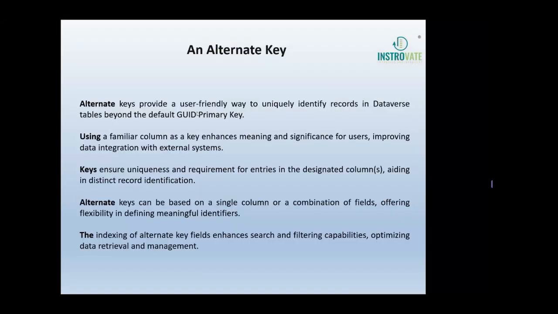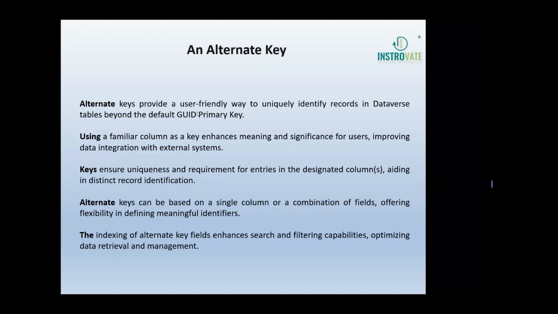Now we will see alternate keys. Alternate keys provide a user-friendly way to uniquely identify records in a database table beyond the default GUID primary key. Using a familiar column as a key enhances meaning and significance for users.